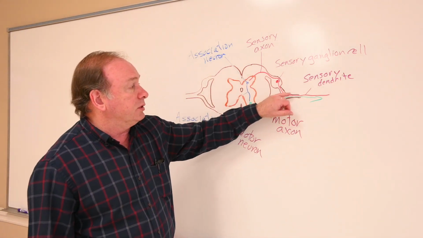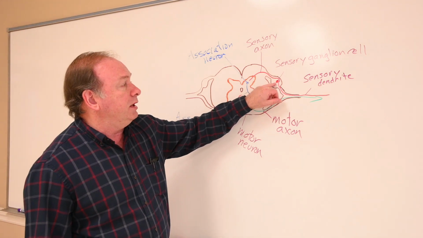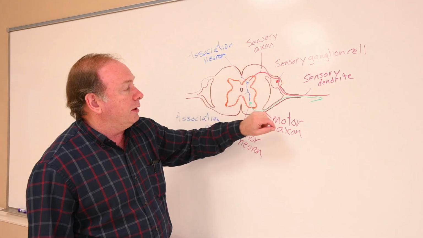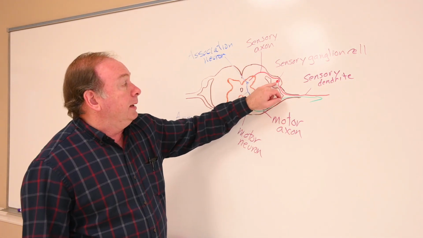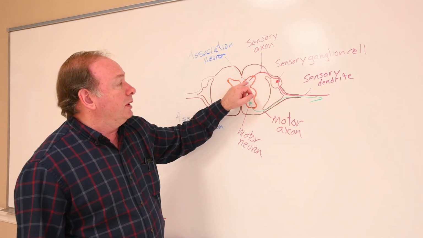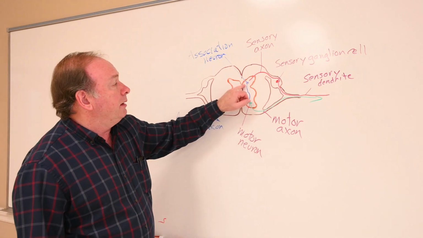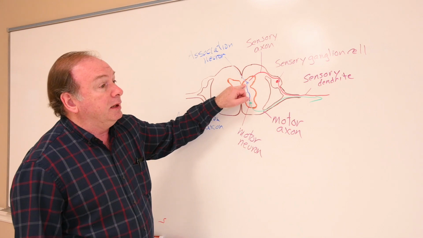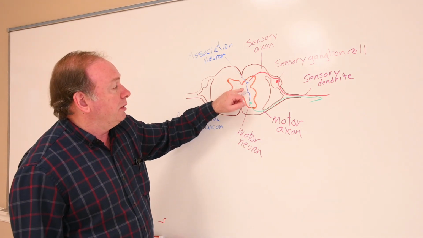So there's that sensory dendrite, sensory ganglion cell in the sensory ganglion region right there, that dorsal root ganglion. And then the axon from that going into the dorsal horn of the gray matter where it interacts with this association neuron. Like I said, it could be called an interneuron or an accessory neuron.